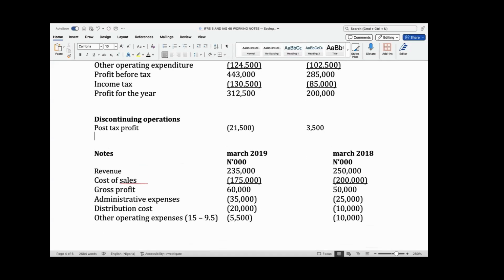So profit for the year from all operations.